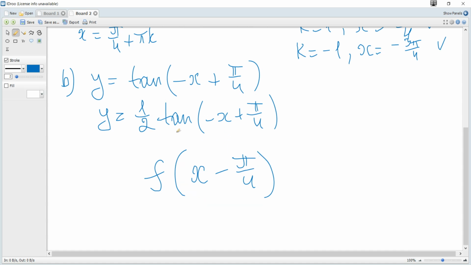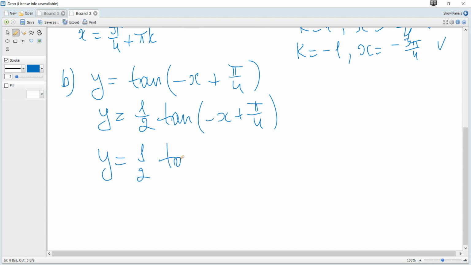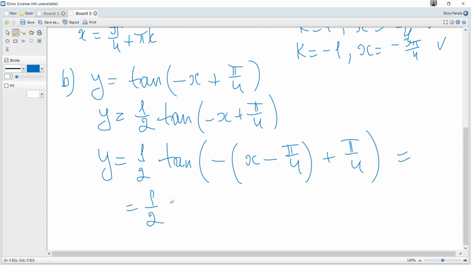So it becomes y is a half tangent of negative x minus pi over 4 plus pi over 4. Let's simplify it. It becomes tangent of negative x plus pi over 4 plus pi over 4, so plus pi over 2.